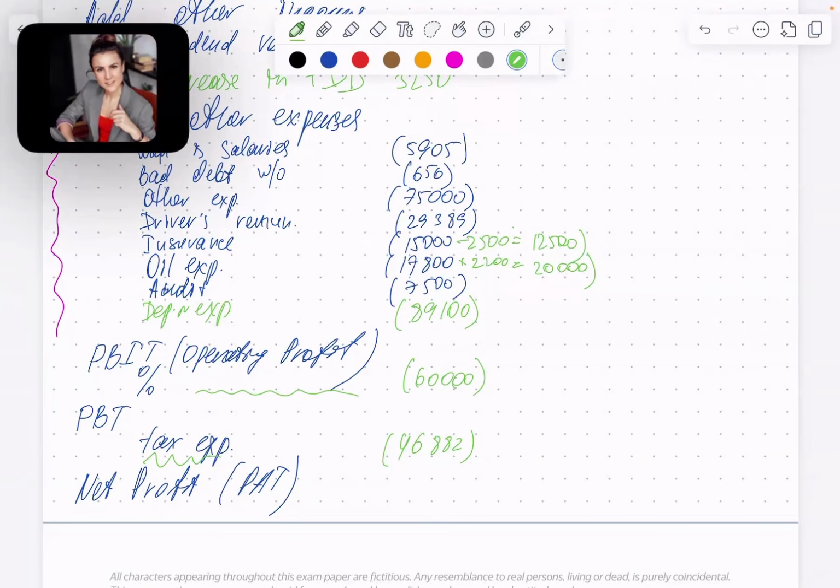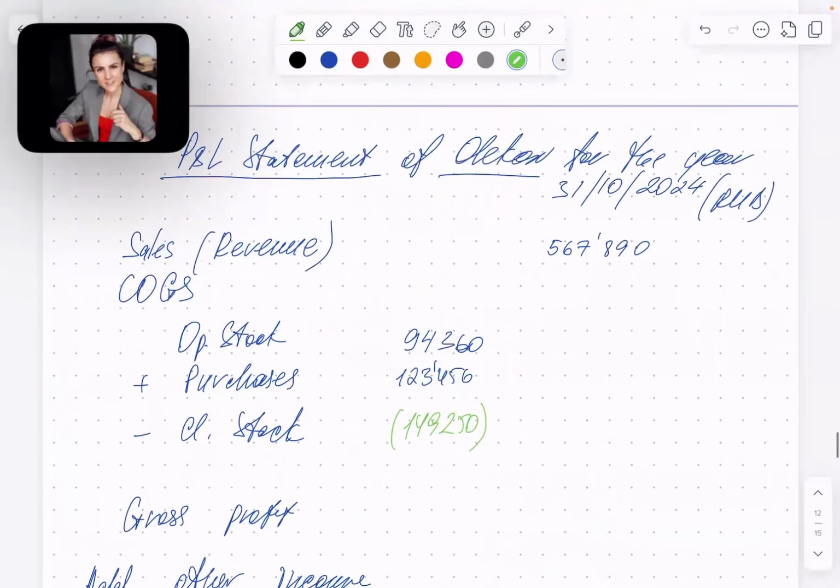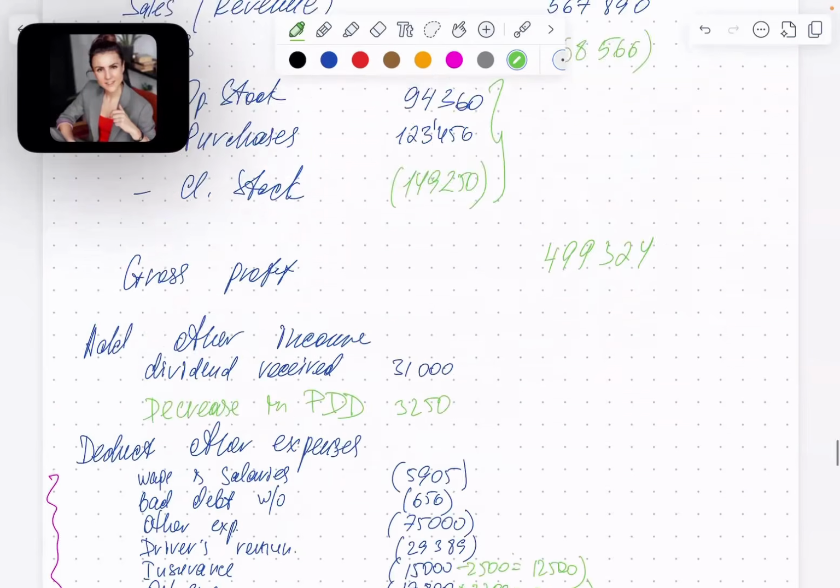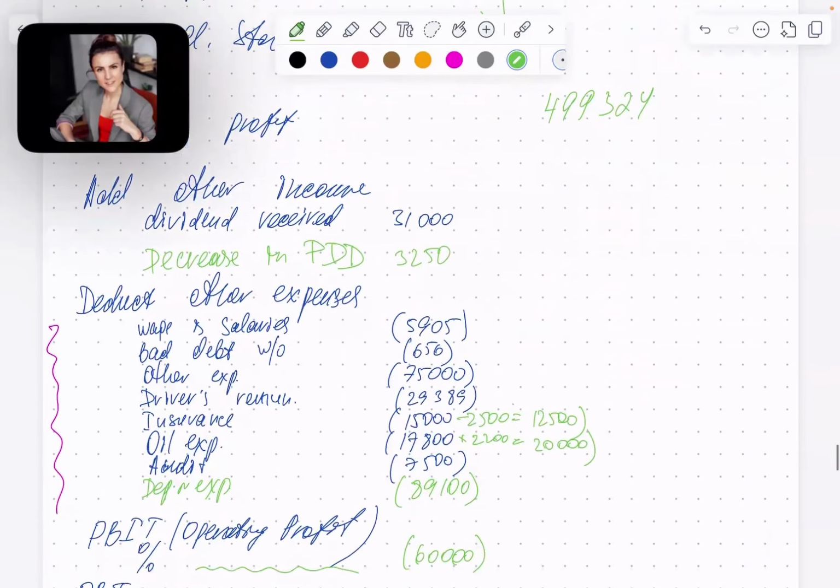And then you have to calculate the final gross profit, final figures for your statements. So cost of goods sold would be, we have to consider these 3 lines, 68,566, which should be deducted out of sales, which would lead to gross profit of 499,324 rubles. Then we have to add other income.